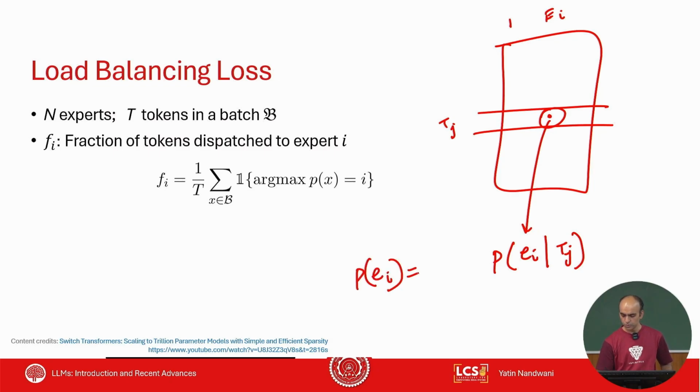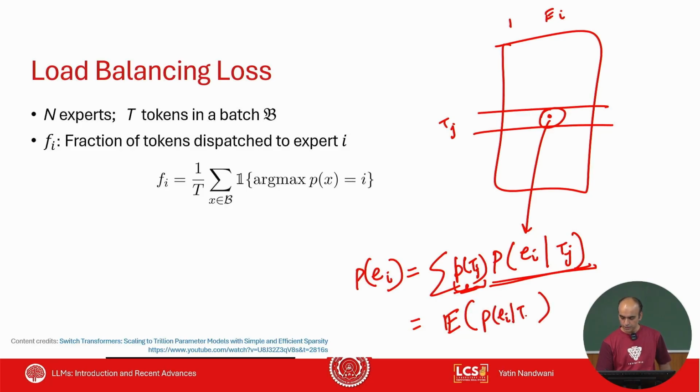This will be equal to the conditional probability times P of tj, and summation, right? Do we have P of tj? We don't know, right? So you can look at it as the probability times some value, and this is essentially the expectation of P of ei given tj, right? Does that make sense?